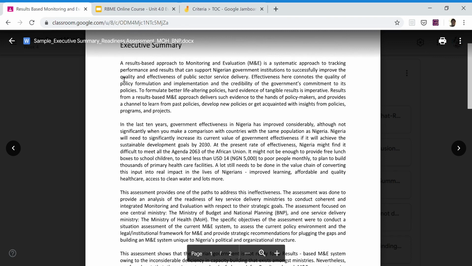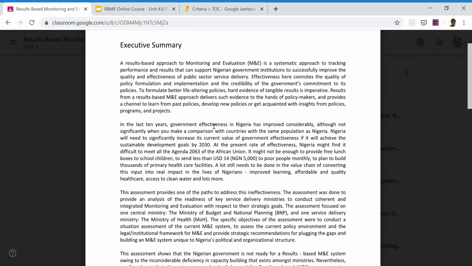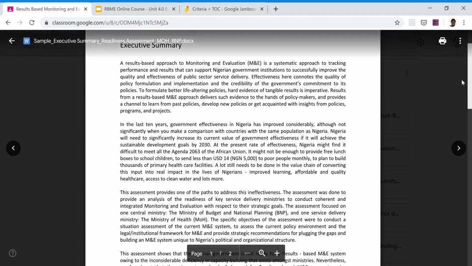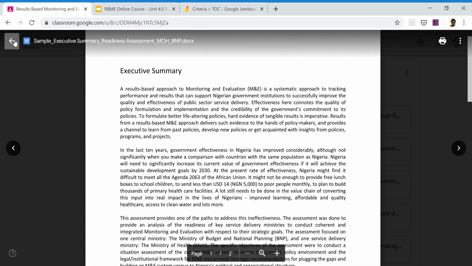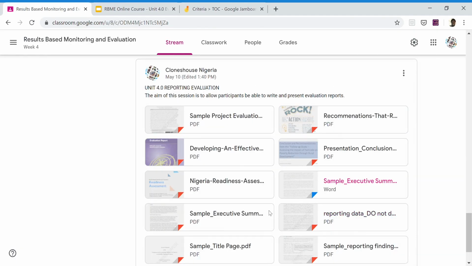This is the focus of what this is: a readiness assessment of the Ministry of Health and the Federal Ministry of Budget and National Planning. So that's the framework for an executive summary. Nothing more.